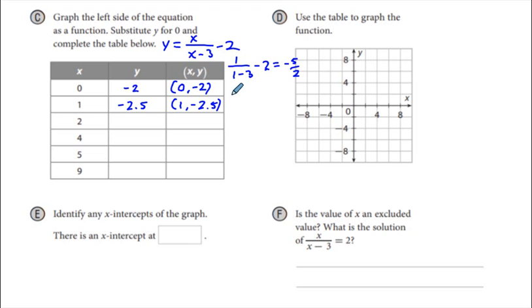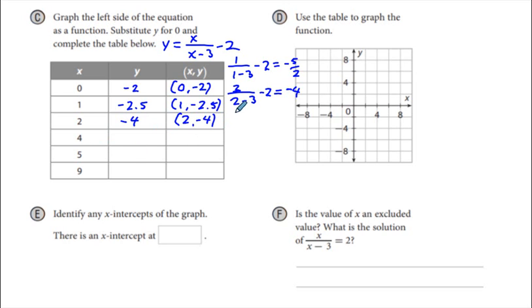Next, if we substitute in 2 for x, we have 2 over 2 minus 3 minus 2, and in the denominator 2 minus 3 is going to be negative 1, and 2 over negative 1 is negative 2 minus 2 is going to be negative 4. So negative 4 as an output value, so now you have the coordinate pair 2 comma negative 4.